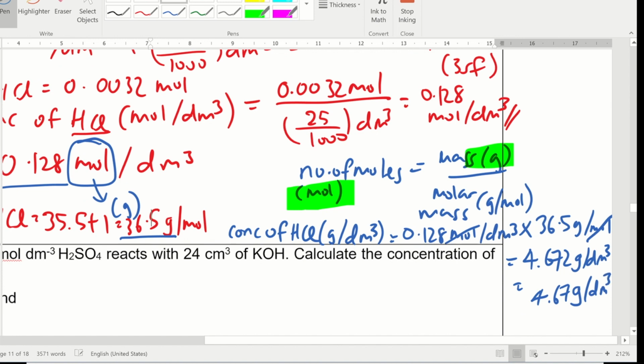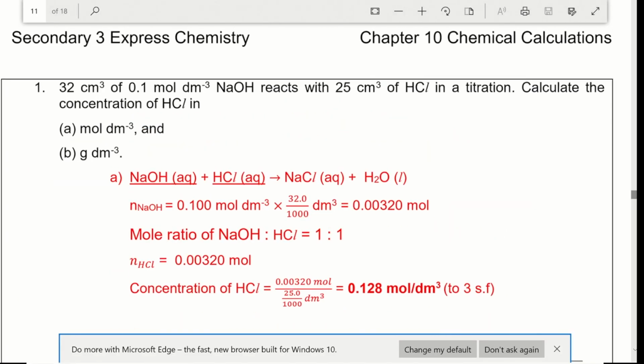So this is how I do my working. Recap: I have this fixed volume of my unknown concentration, and I have my titrant, to react completely. First step is always to write the balanced equation, and then I know that this is 1 mole to 1 mole.